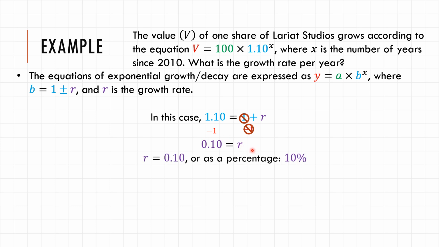What does this mean? That means that r is 0.10, or if we want to express that as a percentage, we can multiply by 100 to get 10%. This means that each of the Lariat Studio shares grows by 10% every single year.